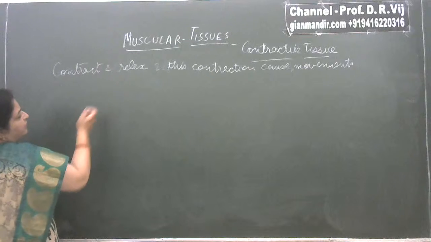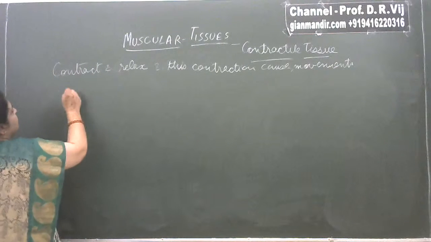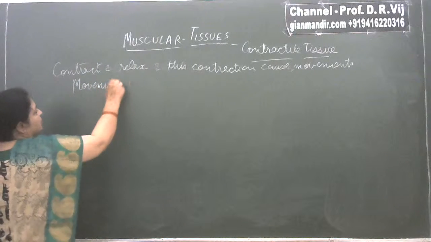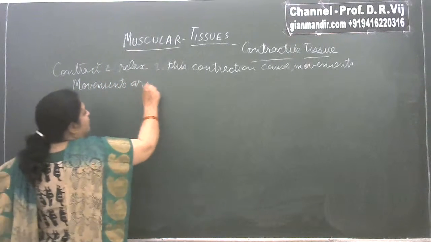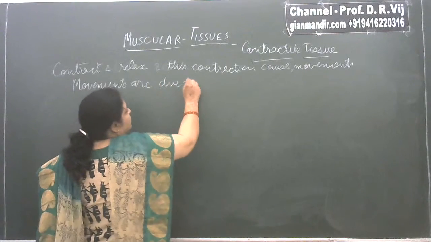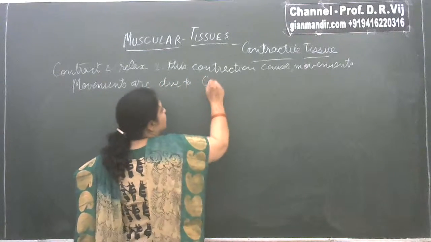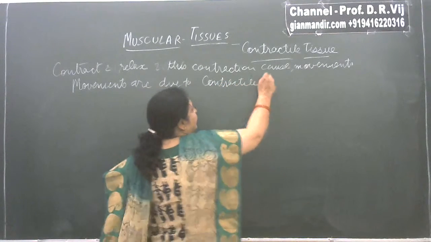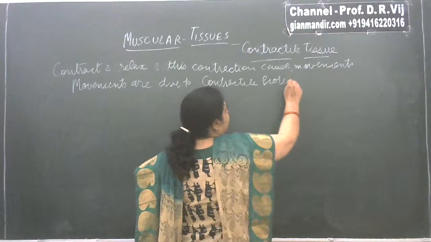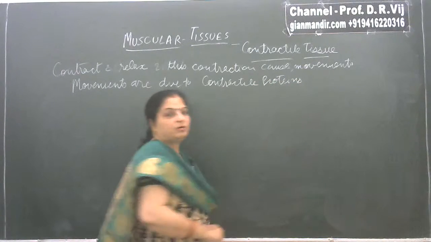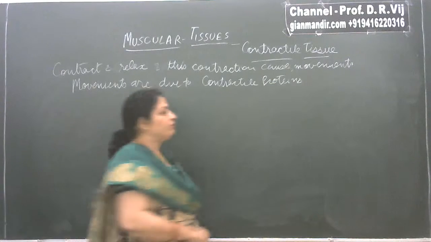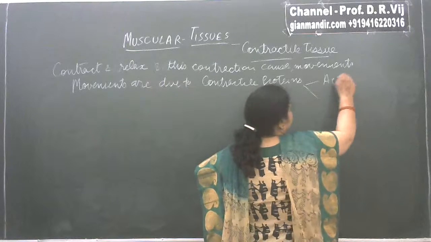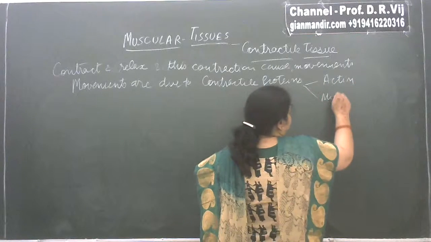Because of this movement, they are continuously working, and these movements are caused due to the presence of proteins known as contractile proteins. As I have already told you, these contractile proteins are of two types, actin and myosin.